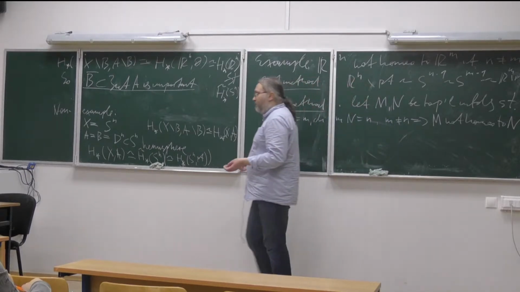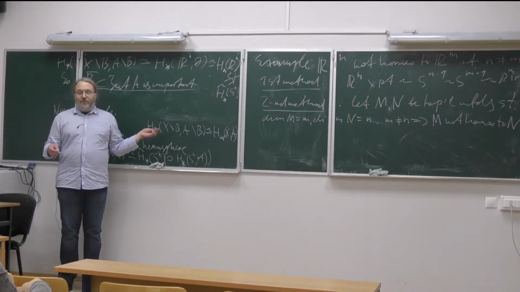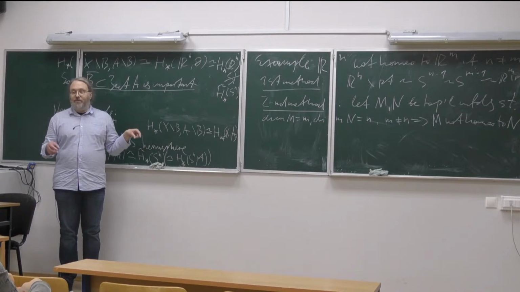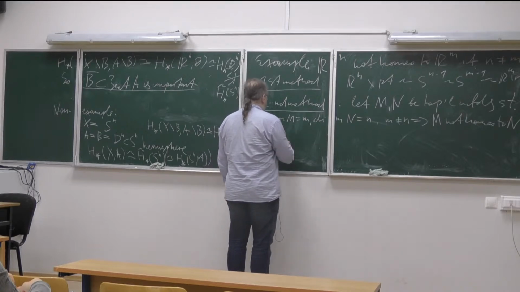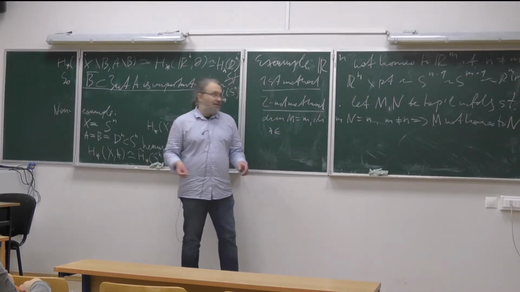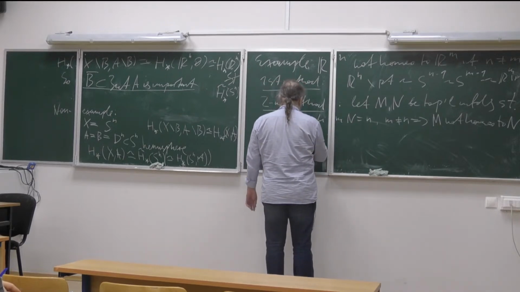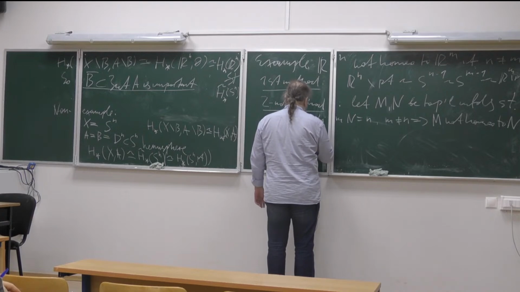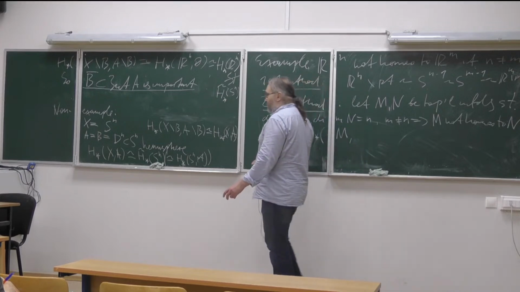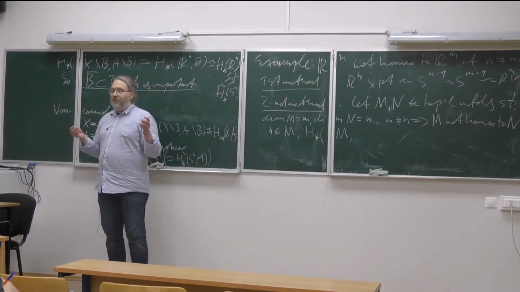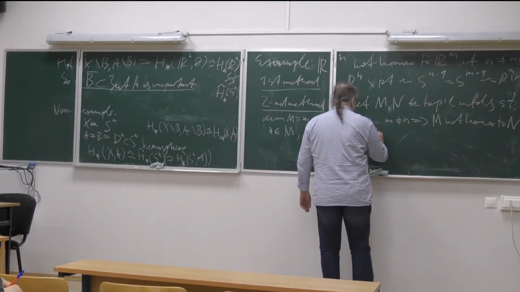So we want to apply something we've just seen. Okay, let me take an x inside M, and let me take the relative homology of M modulo M minus x.